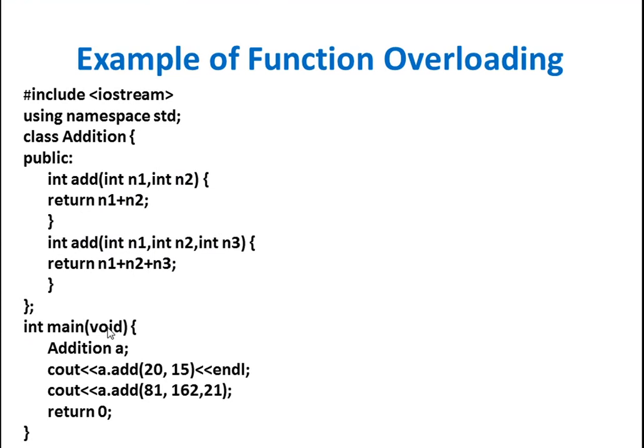Here this is the main function. In this main function we have created one object of the Addition class. Then we are calling a.add and we are passing 20 and 15.